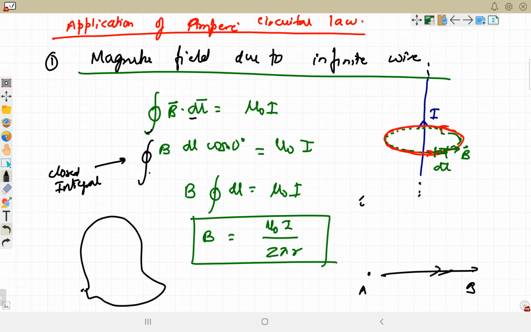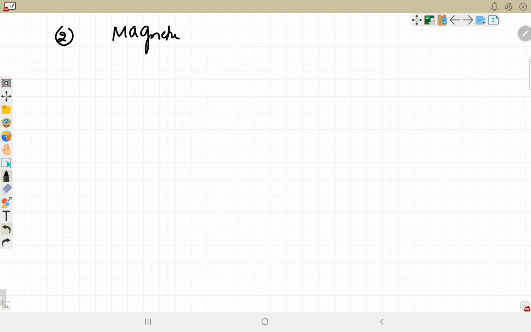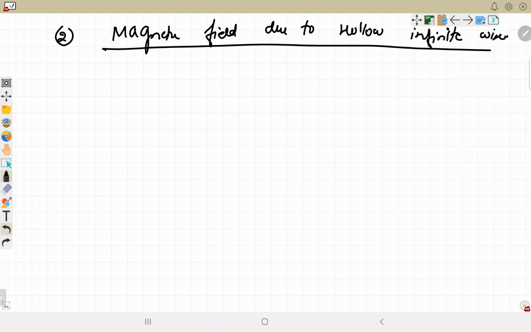Very nice. Magnetic field due to a hollow infinitely long wire. This is like a paper folded into a cylinder, so it is a hollow cylinder.